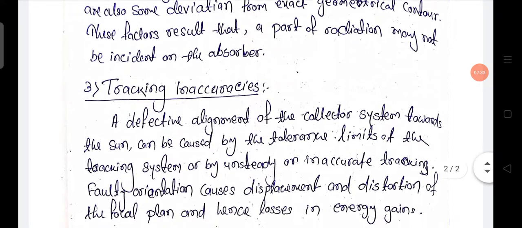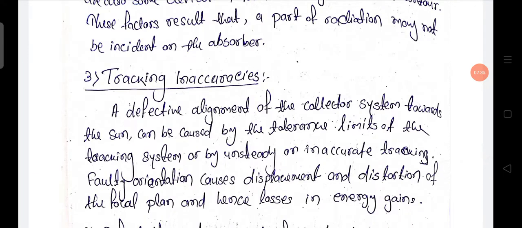Then the third one is tracking inaccuracy. That means the orientation of the collector is not good. In a concentrating collector, the collector should always be along the axis of the sun.